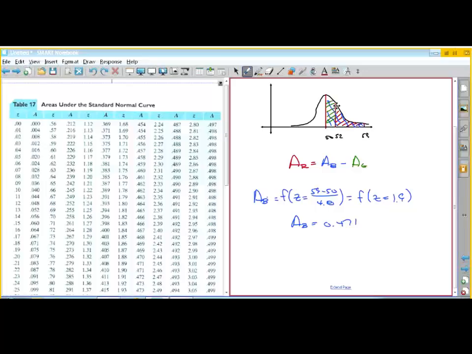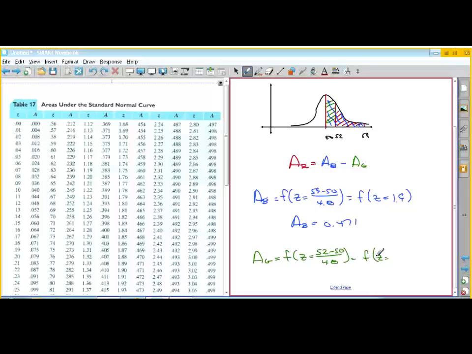Okay, the green area is from the midpoint to the first part of our inequality. So the green area is a function of the z-score associated with 52. So we take 52 minus 50 divided by the standard deviation.